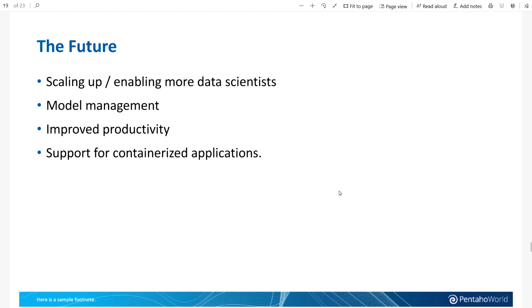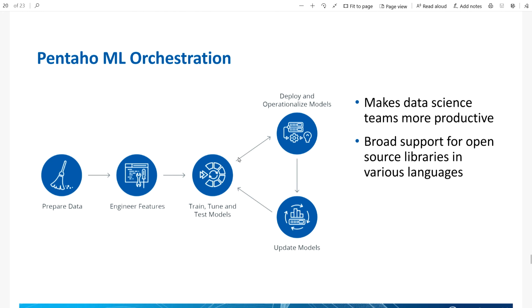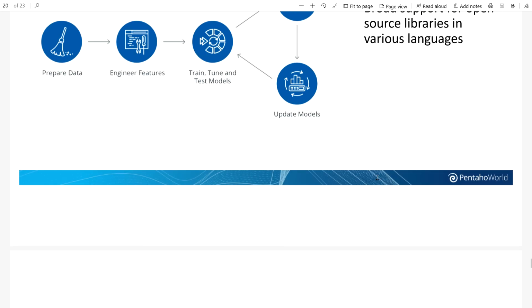Scaling up and enabling more data scientists is the way towards future model management, doing optimizations over algorithms automatically, and improving productivity, with support for containerized applications like Docker, etc. Preparing our data, engineering the features, training or tuning our model, then testing the model, deploying and operationalizing the model, then updating the model, and then again repeating. This makes the data science team more productive, with broad support for open source libraries in various languages.